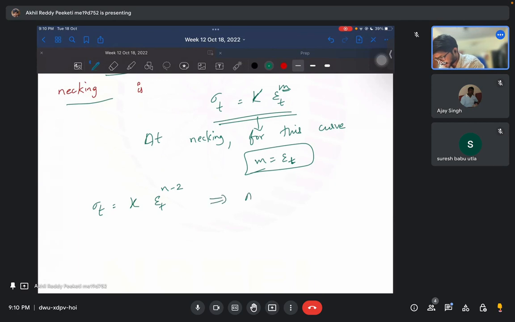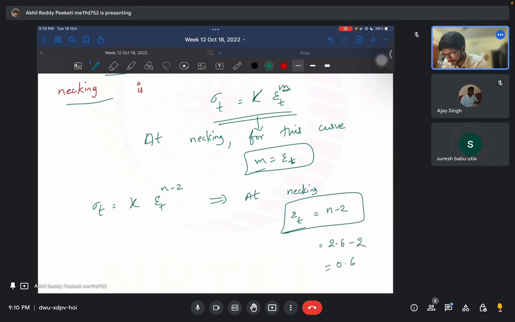So for necking, epsilon T would be N minus 2, right? Because N is given as 2.6, minus 2, this is 0.6.